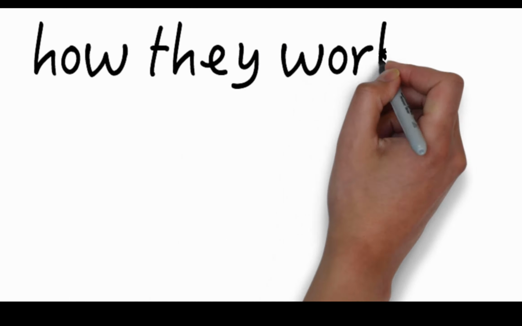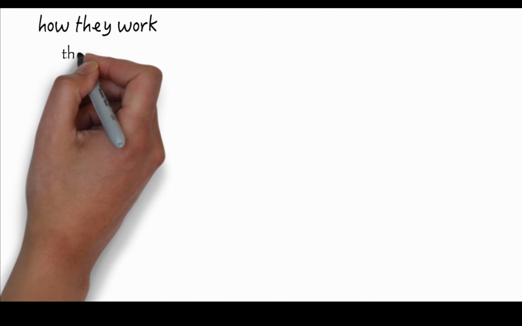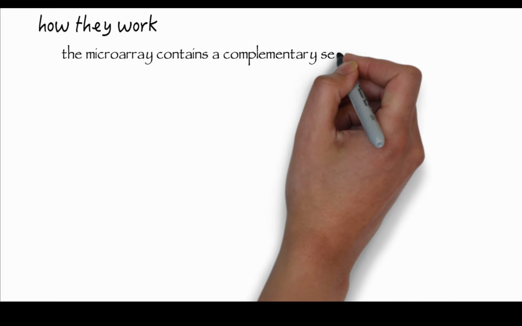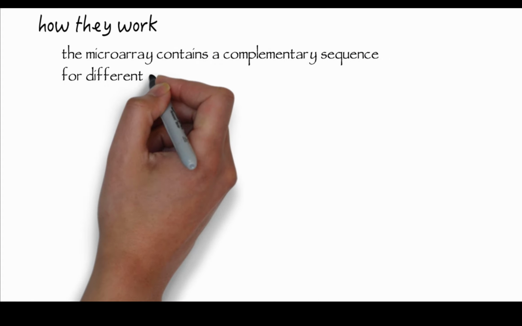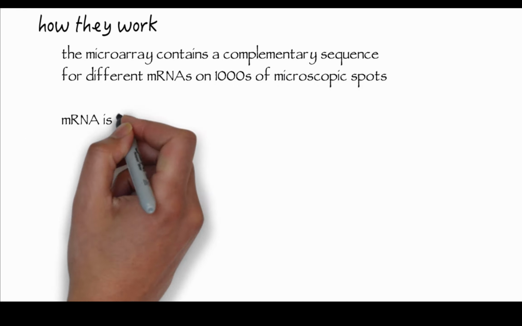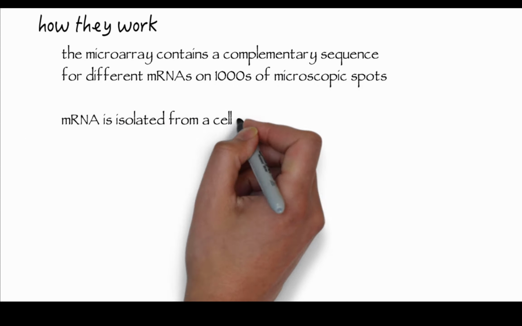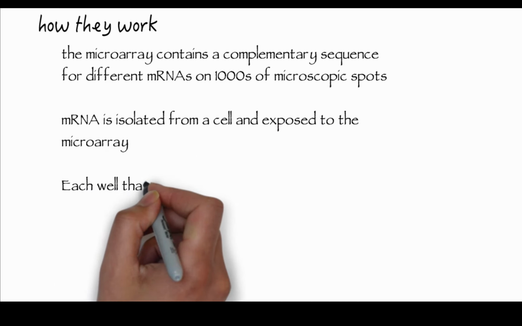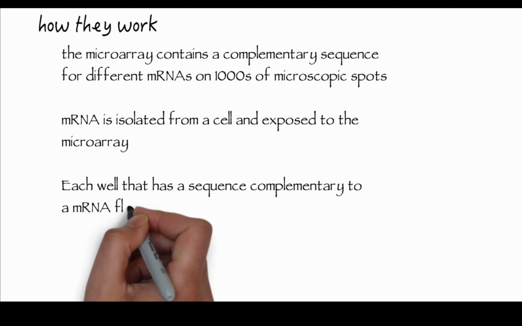Here's how this works. The microarray contains a complementary sequence for different mRNAs on thousands of these microscopic spots. When you take the messenger RNA from a cell and expose it to the microarray, each spot that has a sequence complementary to the messenger RNA fluoresces. So then you analyze the fluorescence pattern.